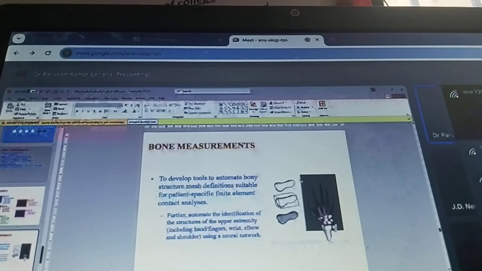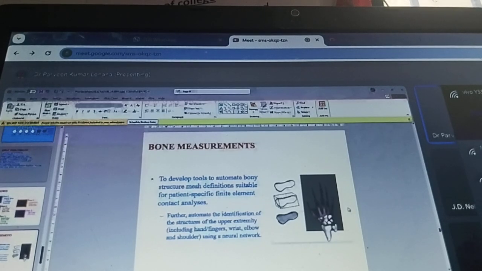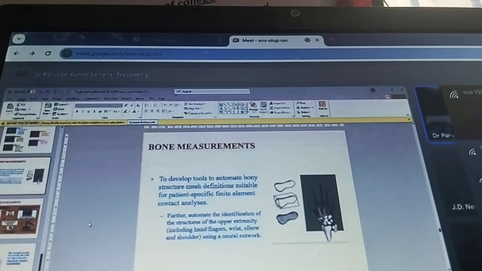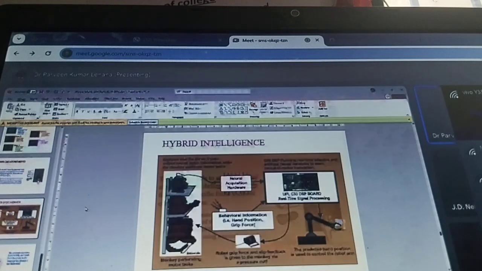So the images given by the X-ray are sent to the neural network and it applies its logic on the incoming image, and the output is very, very clear, because it removes all the undesired disturbances from the image, and at the output we get a very high quality image.